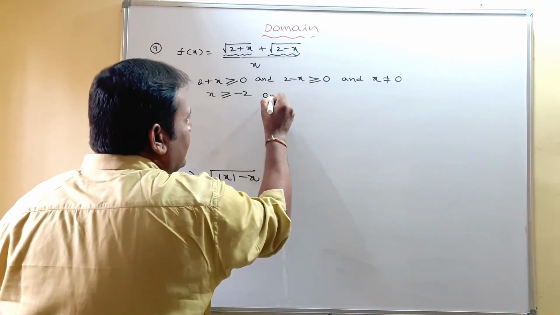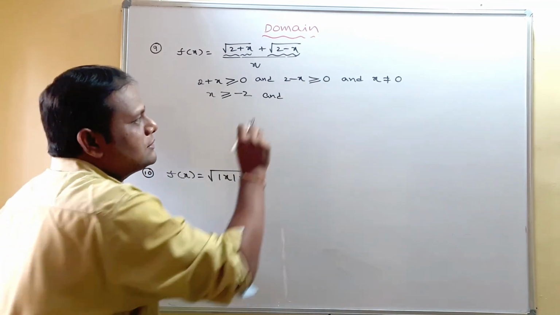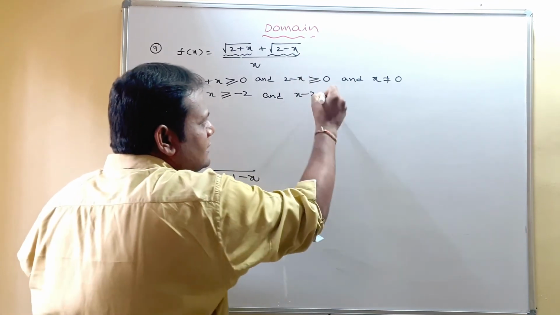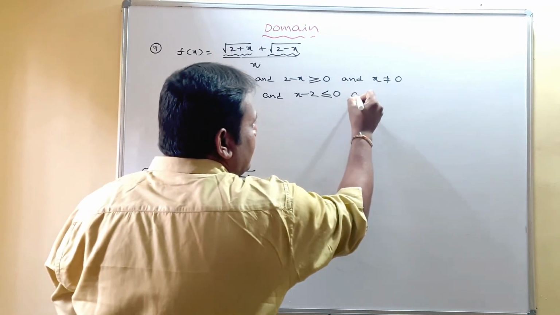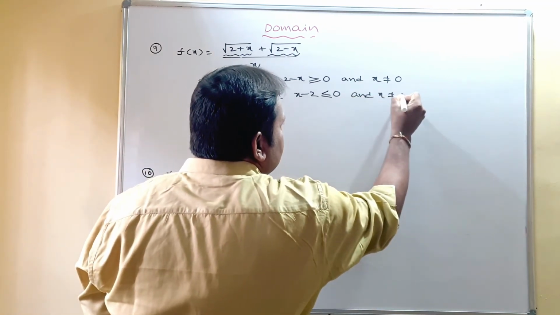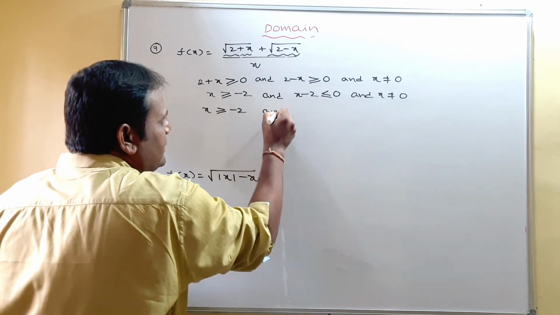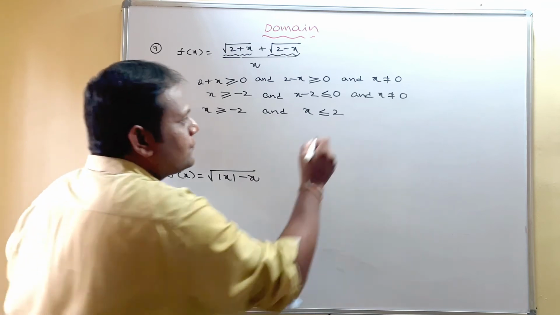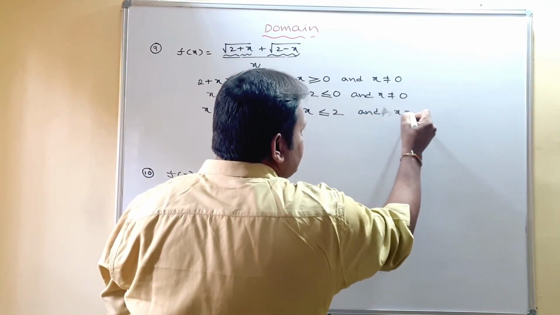And here multiply with minus, then what you can get? X less than or equal to 2, because the inequality reverses when we multiply with minus. And x not equal to 0. So we got x greater than or equal to minus 2, x less than or equal to 2, and x not equal to 0.